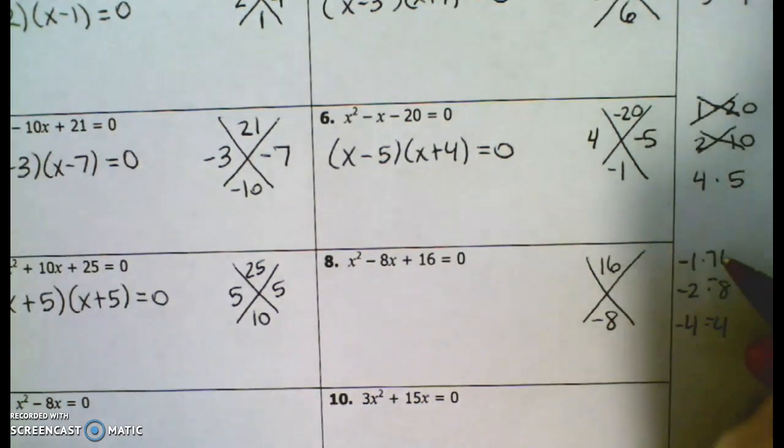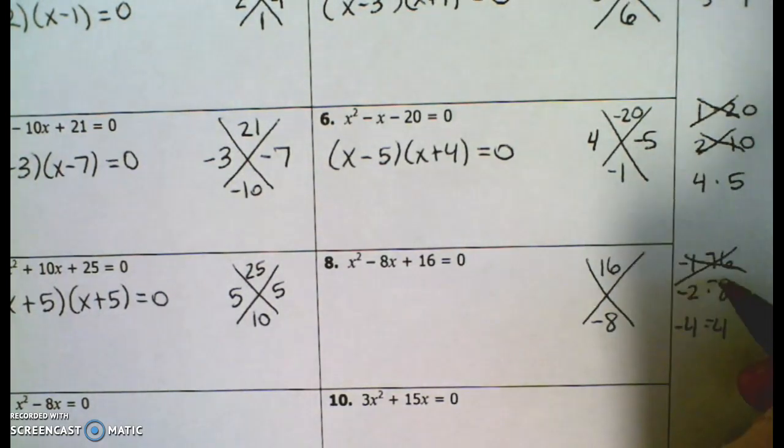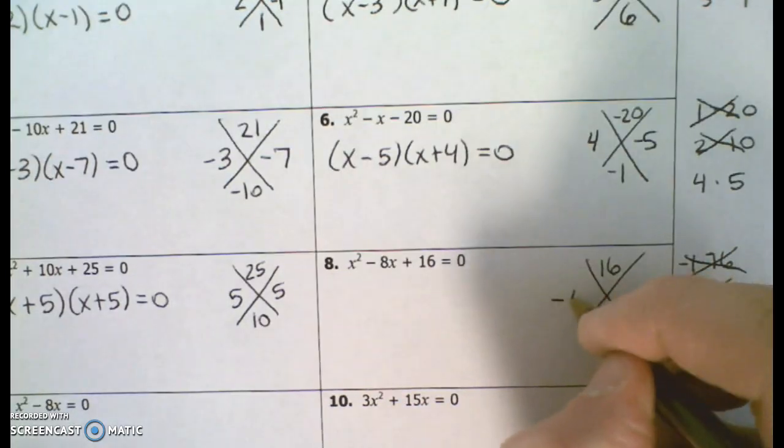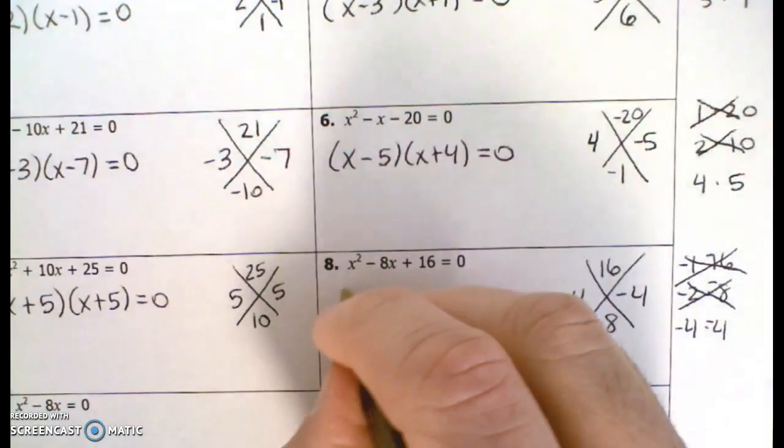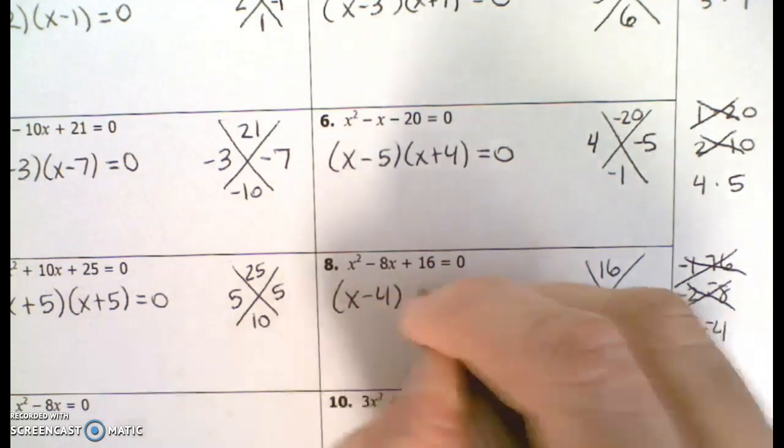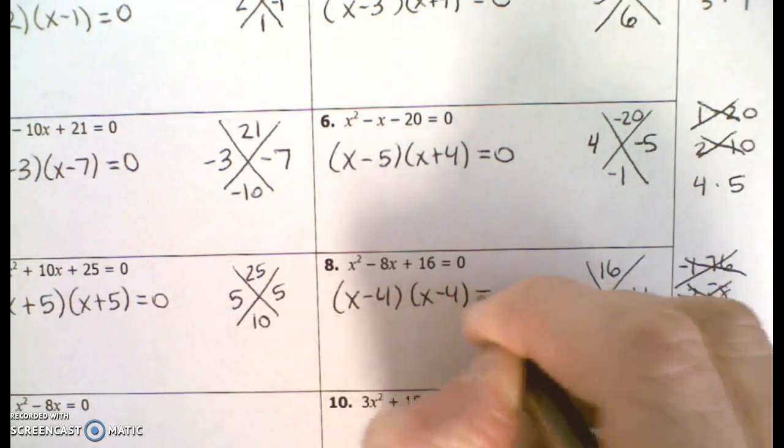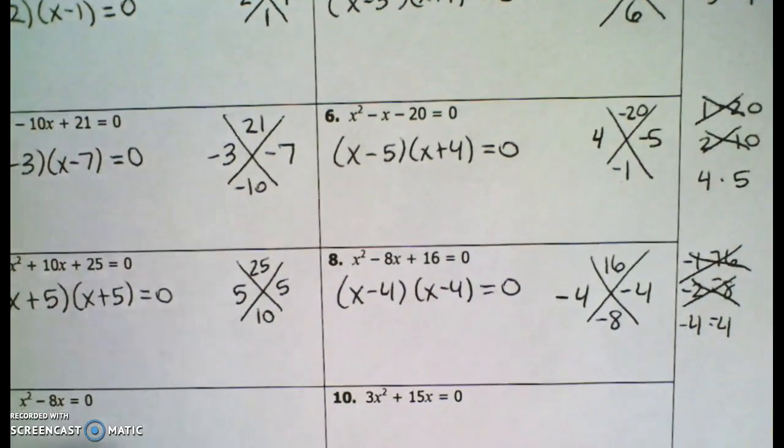So 1 and 16, and they're both negative, will give me too big of a number. -2 and -8 will give me -10, so that means I'm left with -4 and -4. So my factors here are x minus 4 and x minus 4 equals 0.